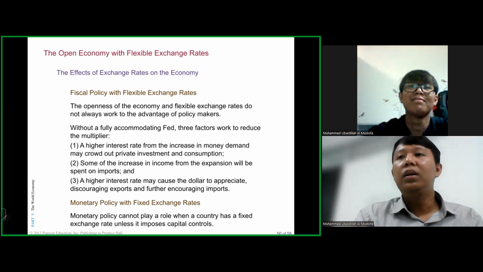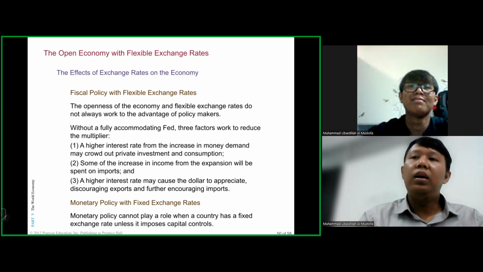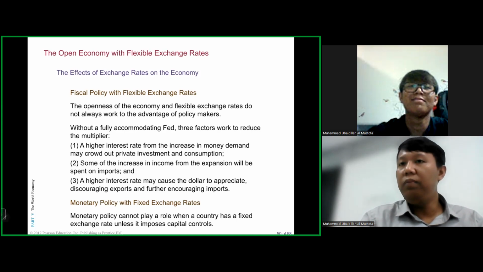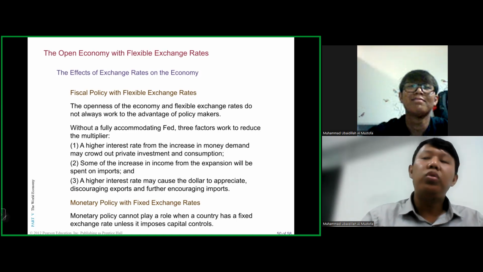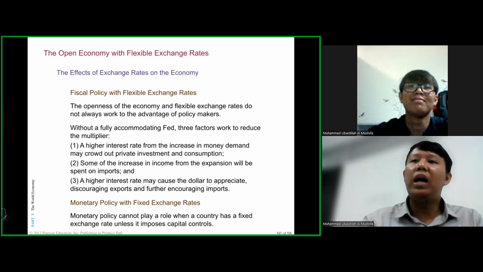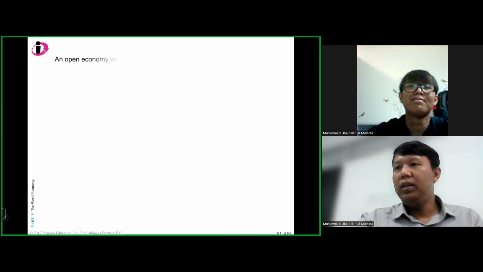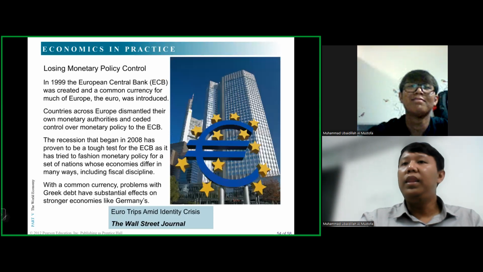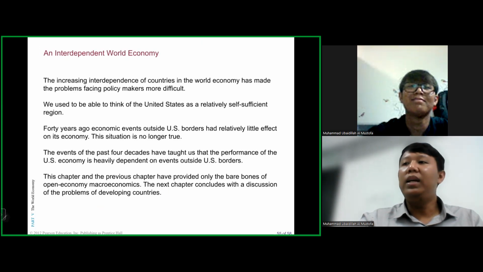For example, when we are in a country with a fixed exchange rate, not a floating exchange rate, usually the monetary policy will not do well unless we can impose control on our capital. So this is the difference between the floating exchange rate and the fixed exchange rate.